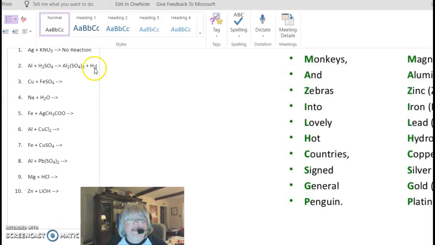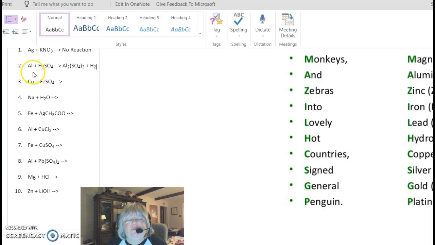Okay. Why is it H2? Hydrogen is one of the 7 that we said will always be diatomics, that will never be alone. Okay, that's hydrogen, oxygen, nitrogen, fluorine, chlorine, bromine, and iodine.